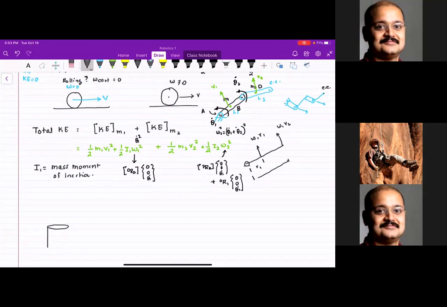So what do I mean by mass moment of inertia? If you have a mass that is located at the length L, then I is the mass multiplied by the radius of gyration squared. Why is it called radius of gyration? Gyration means rotating or moving or dancing. So this mass is dancing about this hinge at distance L. So this L is called the radius of gyration.